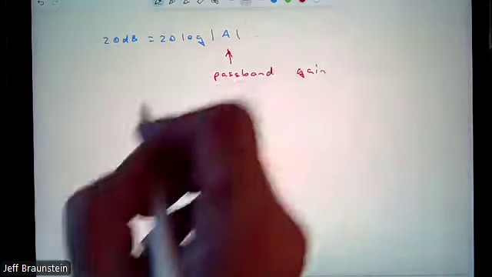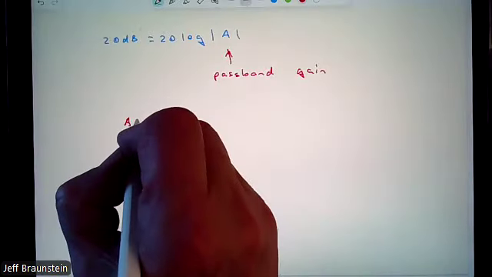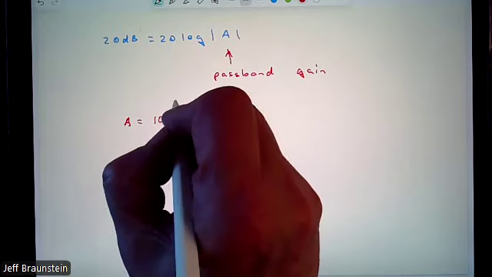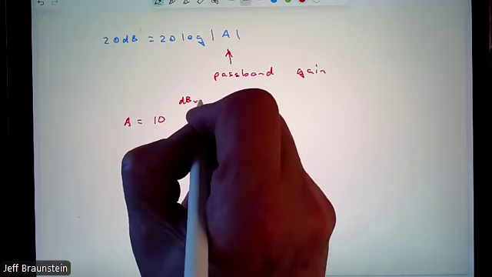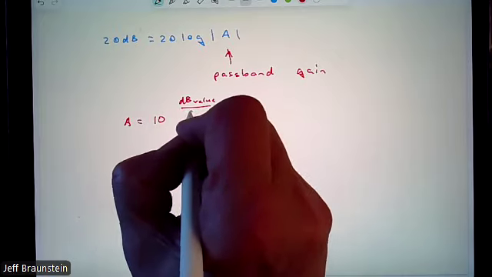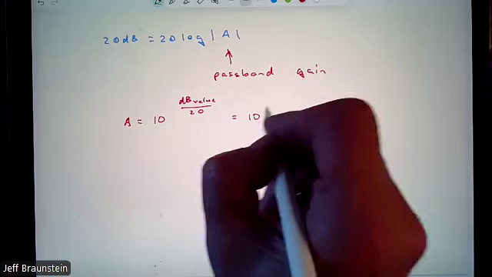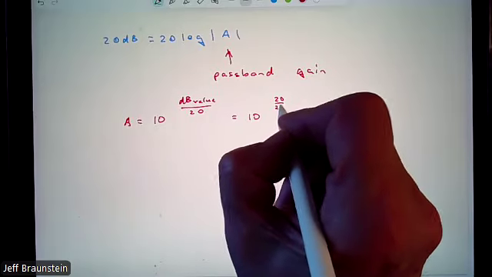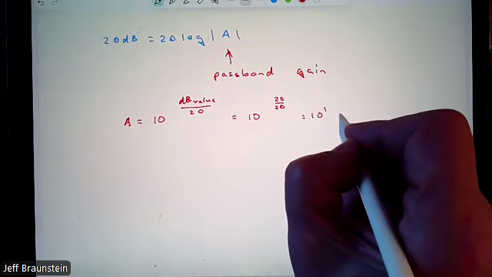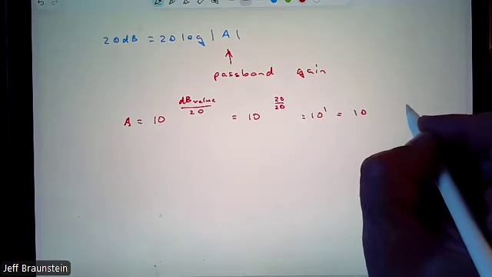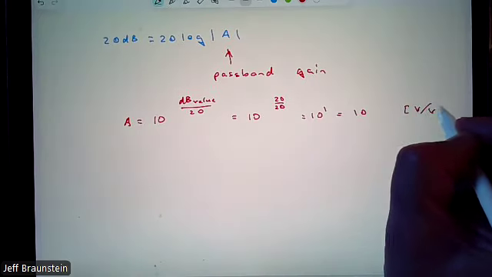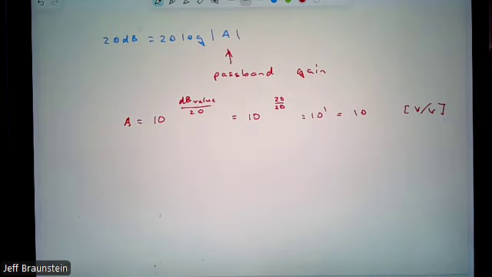We can do the math. Remember to translate. We could write A equals 10 to the dB value over 20, and we can plug in there 10 to the 20 over 20, and that winds up being 10 to the 1, of course. And we have a passband gain of 10. And usually, since it's a voltage amplifier, it is unitless, but we often say volts per volt, just to indicate a voltage amplifier.